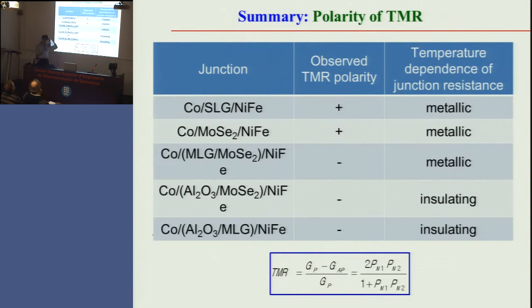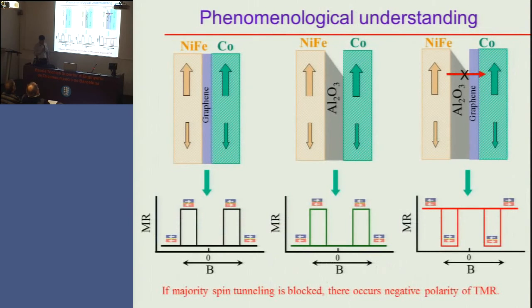So it's a strange finding, and the origin of the physics is not quite clear. But however, I can explain like this. If majority spin tunneling is blocked in some way, the MR can be negative.